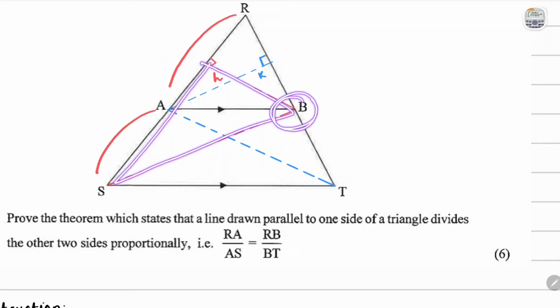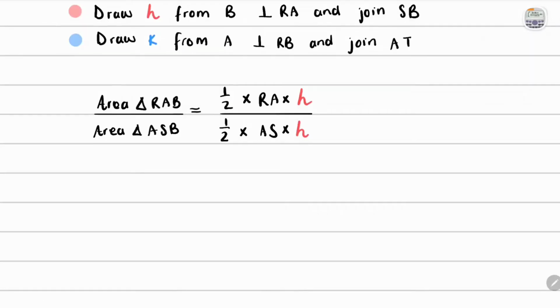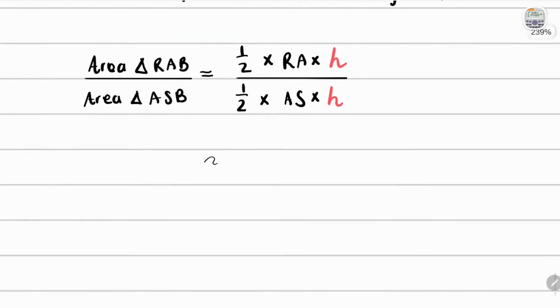This is the highest point of the triangle, and if you go down to the perpendicular line, which is an extension of the base, then that is the height. This triangle is really just an obtuse triangle, and it's skew, and this is the height. At this point, things cancel: the half and half cancel, and the H and the H cancel, leaving us with RA over AS. Great.